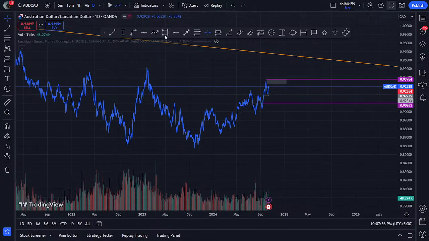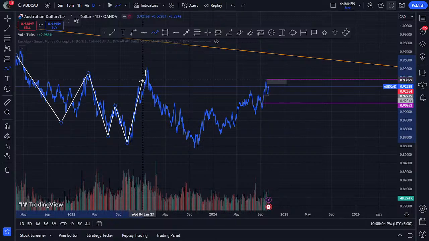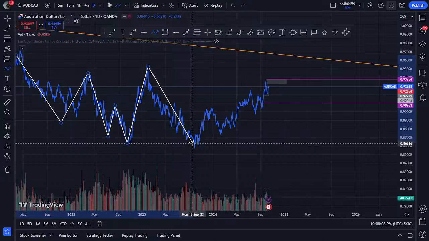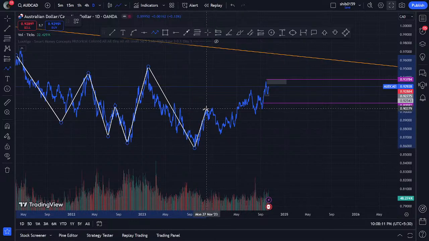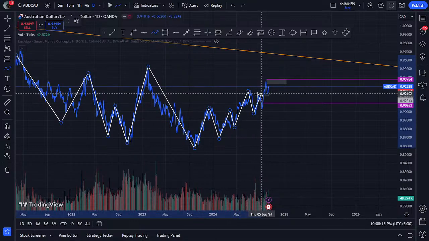So the price was dropping, had a pullback, dropped, had a pullback, dropped. It took this high, but it failed to close. Again, price broke this low, and then this was a pullback. Right.